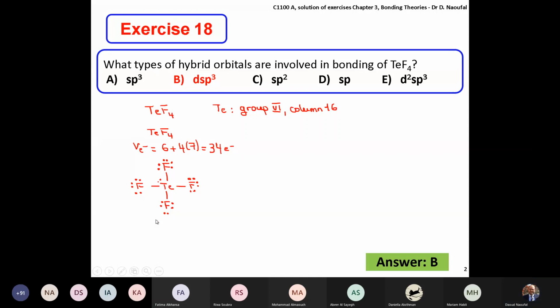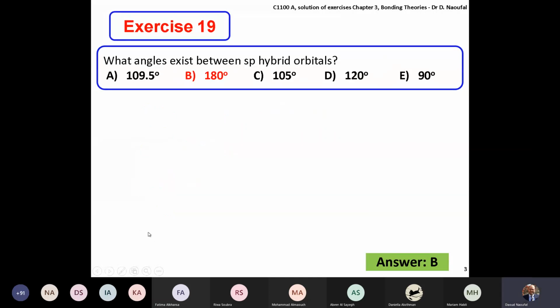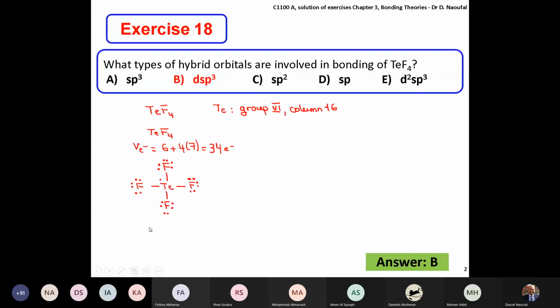Okay. The form is AX4E. This is method number 1. This is the classical method used by the student.